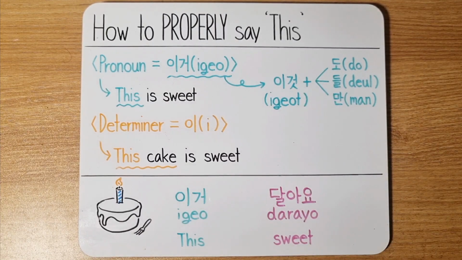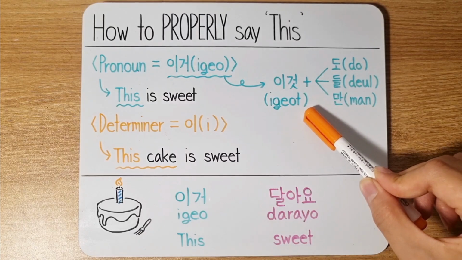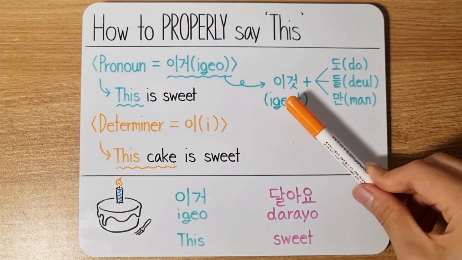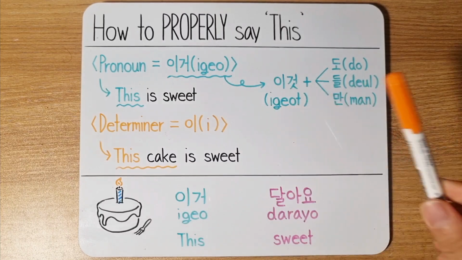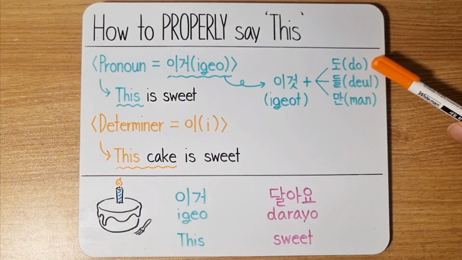However, even when you are speaking natural, colloquial Korean, there are situations where you would use this version, 이것. That is when you are going to attach one of these three particles to this. That is the only scenario in which you would use this version even in natural, colloquial Korean. So, when you are attaching the particle 도, which means also, as well, too.